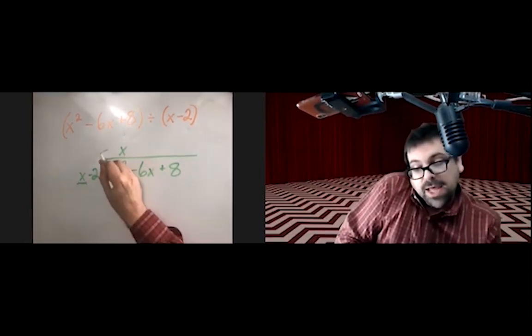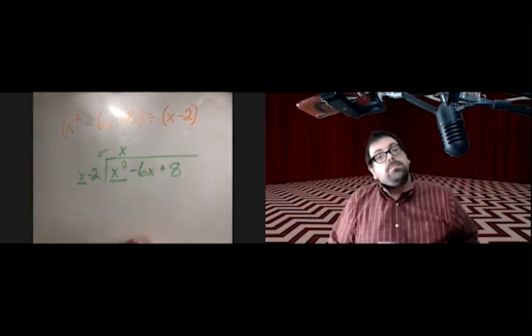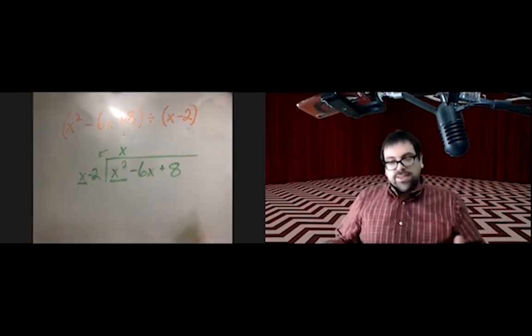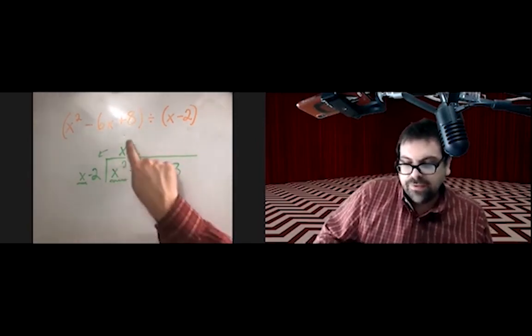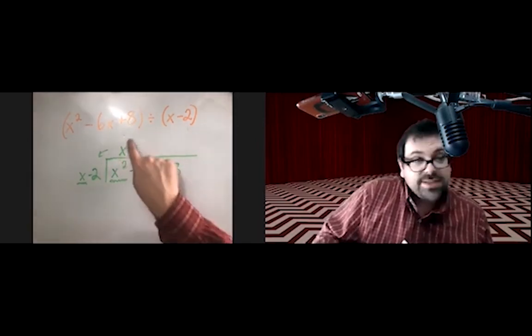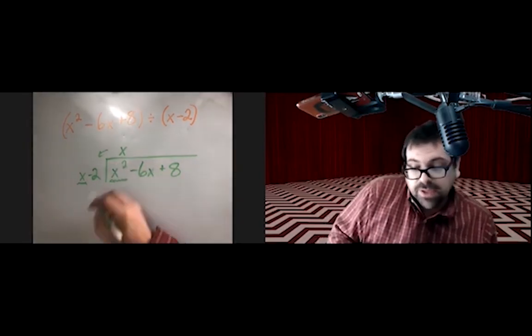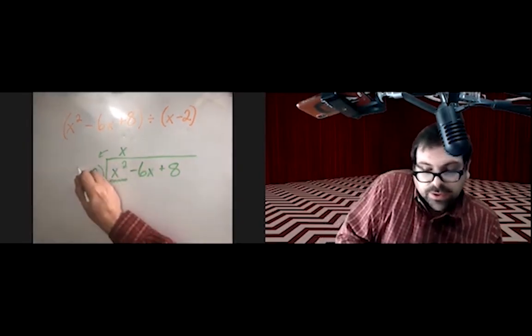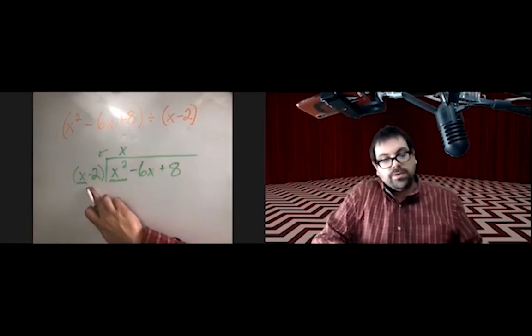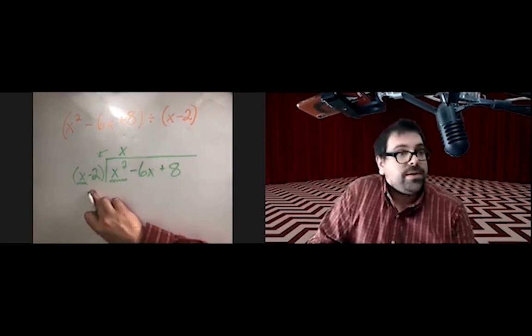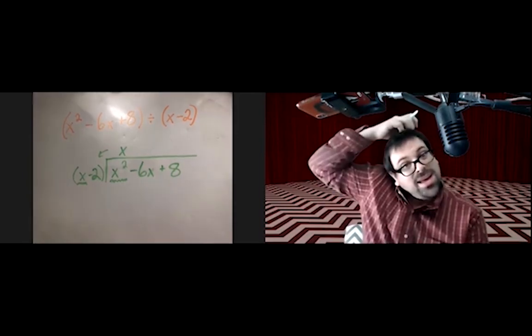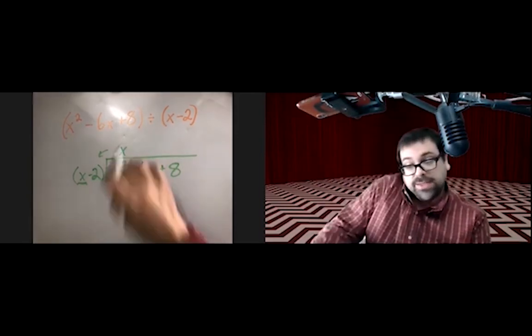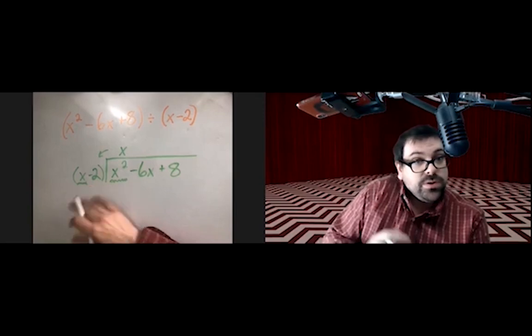Now we're going to multiply around the corner, but multiplying around the corner in this context is going to be taking what we have, we just found this x, and multiplying it by the entire thing we're dividing by, multiplying it by the entire x minus 2. And what happens when we multiply x times x minus 2?